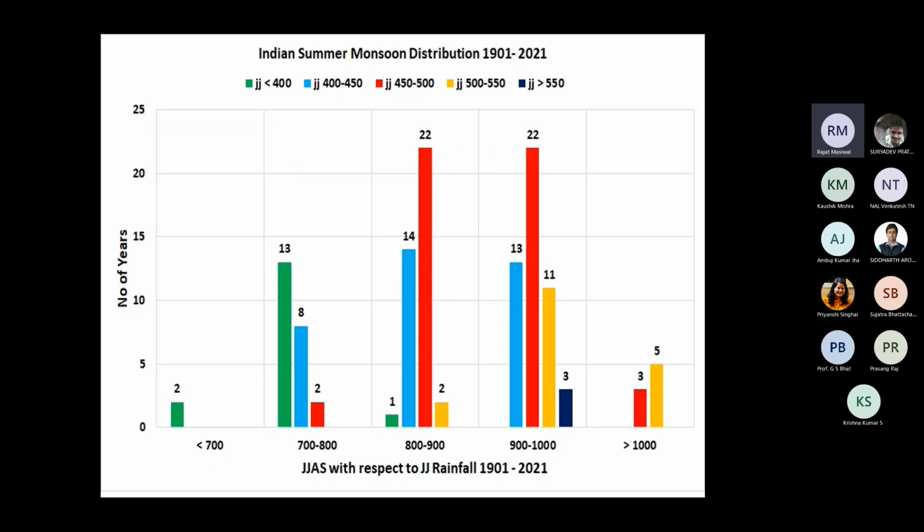Suppose we cross 500. Now, according to this climatological data, there is very little chance that we'll get between 800 and 900, only 2 cases out of 18. So most probably it will be in the region of 900 to 1000 millimeters. That's what it looks like. Okay.